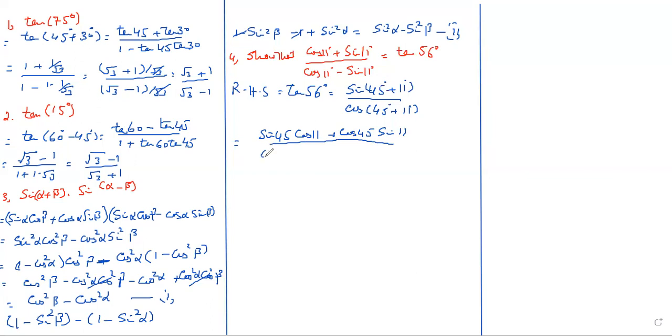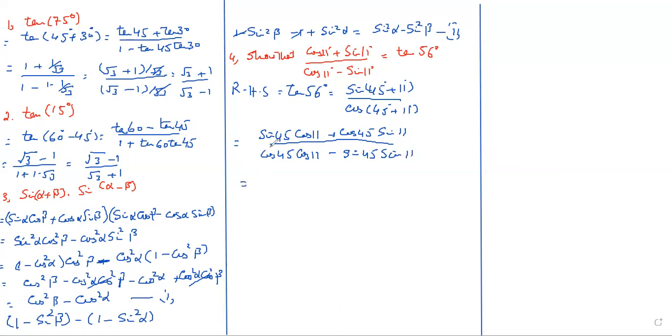So it is cosine 45 cosine 11, so both are same here, minus sine 45 sine 11.